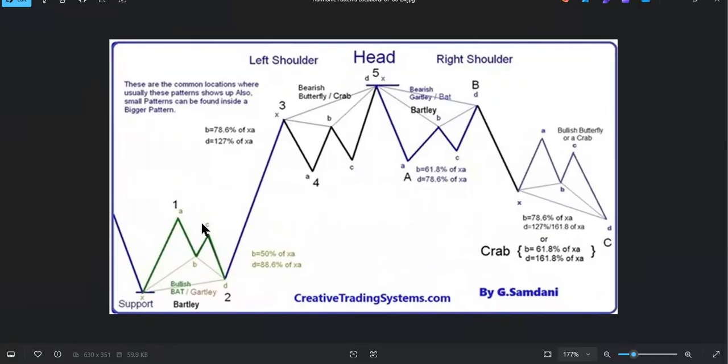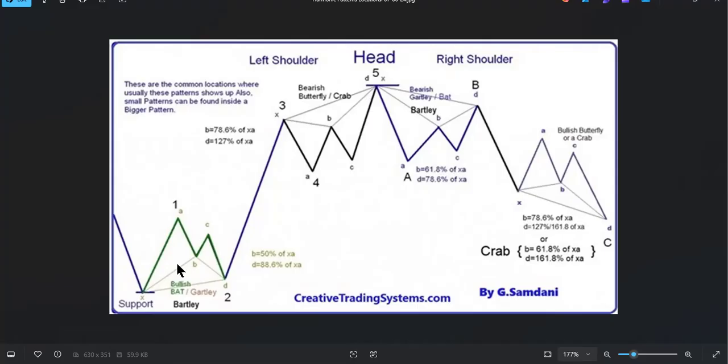So if the Elliott wave count is 1, 2, 3, 4, 5, then correction A, B, C, these are the locations where you find these harmonic patterns like Gartley, bat, butterfly, right? And you must know that if you find here a bullish Gartley, then you're not supposed to take it. Only the bearish one will do a good job, right? A butterfly here, like a bearish Gartley, you will find, but if you see a bullish one, don't take it.